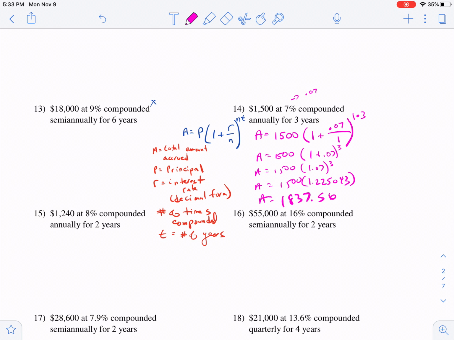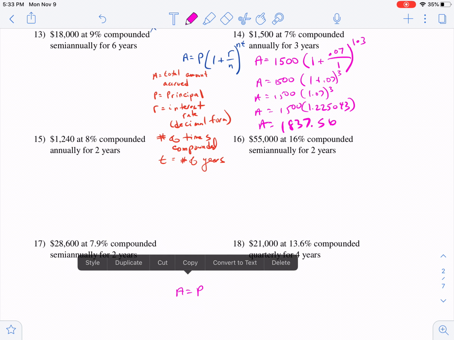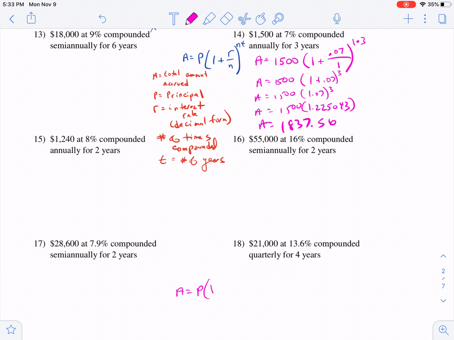Okay, let's do something that's compounded quarterly. Let's do this one right here. So what's my formula? A equals P times 1 plus R over N to the NT.